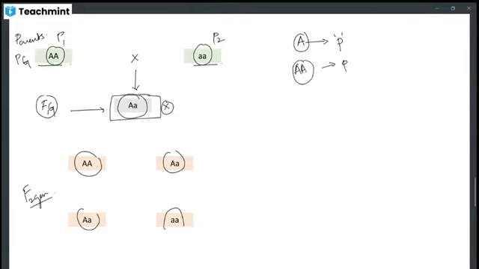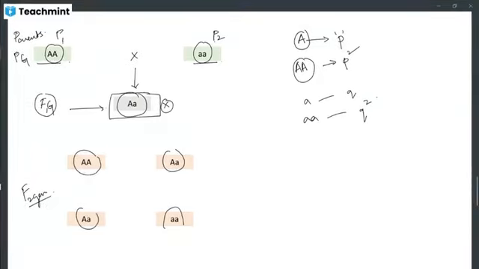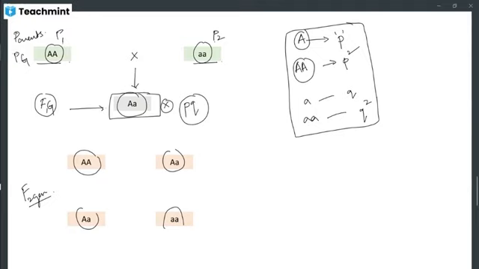In the same case, if the allelic frequency of small a is Q, your genotypic frequency of parent 2 will be Q square. So what would be the genotypic frequency of your F1 generation? It will be PQ, right?